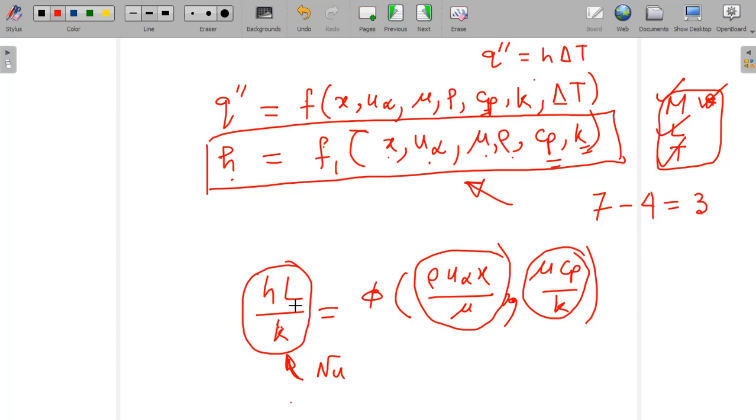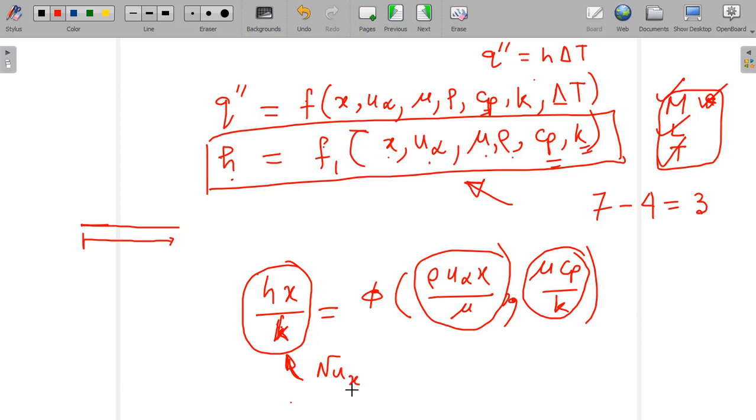Here it is hL by k, so L is, if it is x then it will be hx by k. Instead of L, if you consider L then it will be hL by k. x is basically the characteristic length, or the length scale of the system. Here for a flat plate it is the x that you are considering, and k is the thermal conductivity, h is the convective heat transfer coefficient.